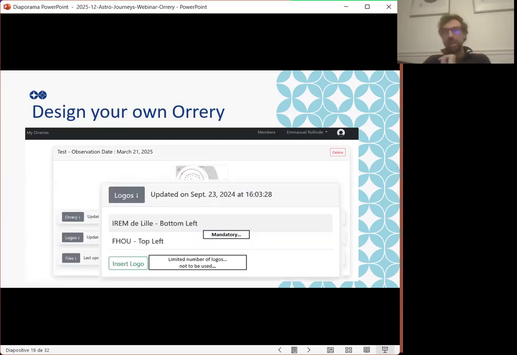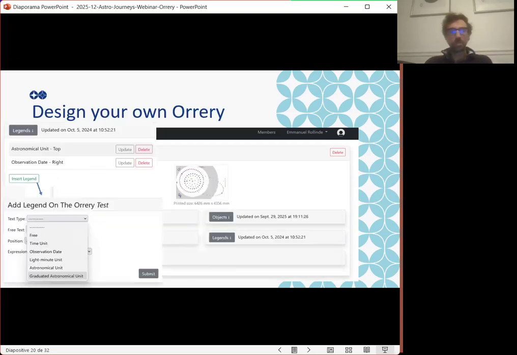You cannot remove the logos. The logos of the association FHOU is mandatory, and IREM is also an institution that created this website, so this is mandatory. You can add legends, so you can add the time you need, the observation date, you can add another legend that you like, and you can add the distance scale.